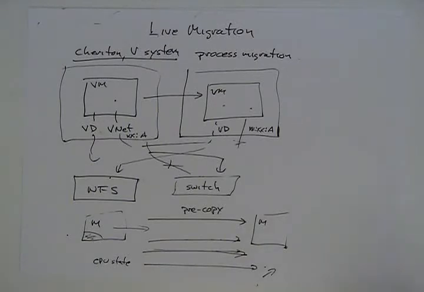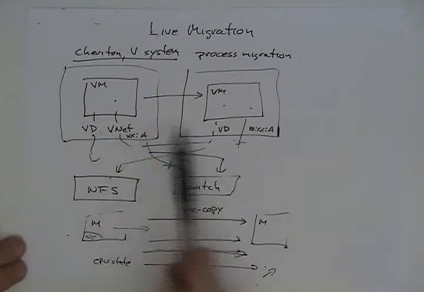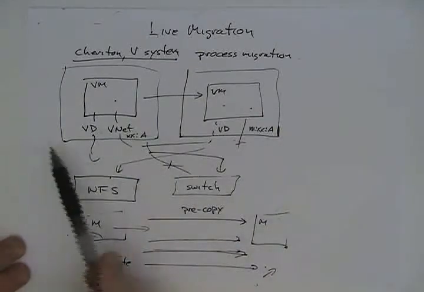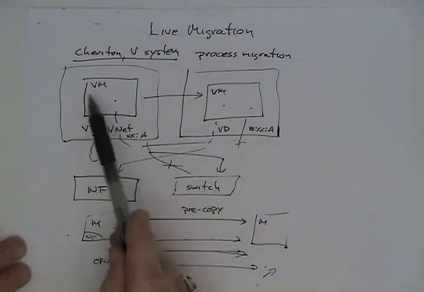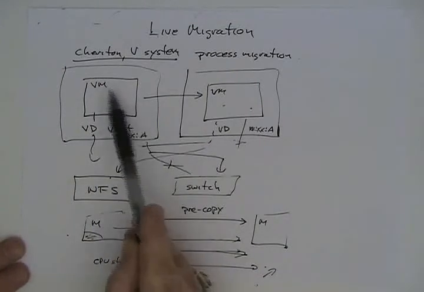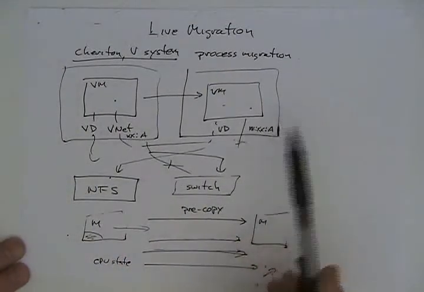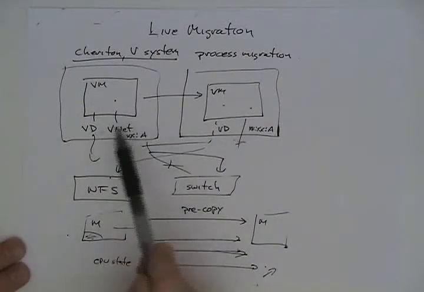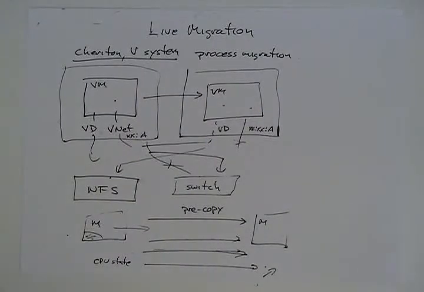Now, clearly it helps if the two pieces of hardware are very similar. In particular, the destination hardware has to be able to support all the features that the hypervisor was providing on the source side, but that's usually not a significant problem.